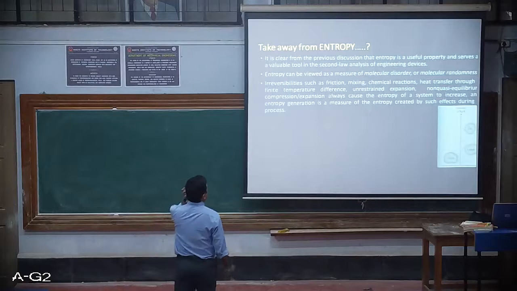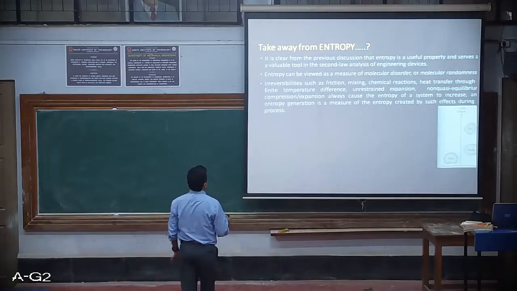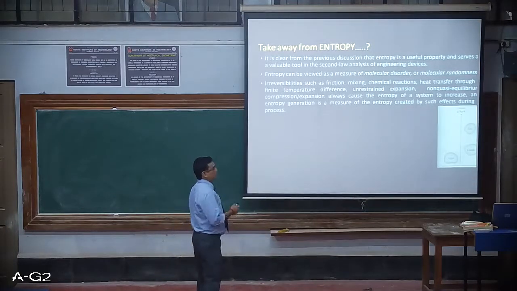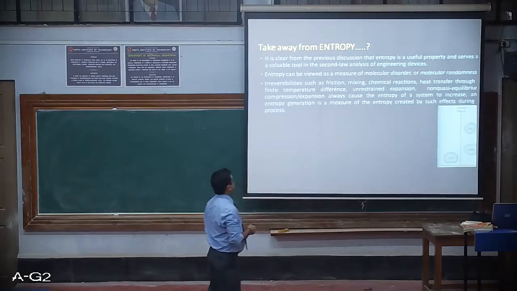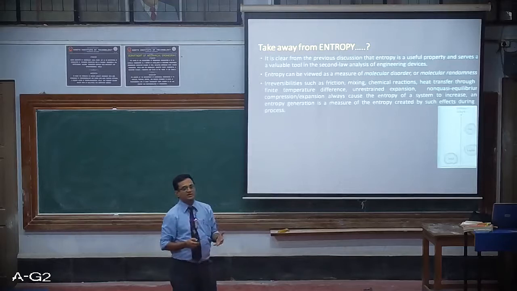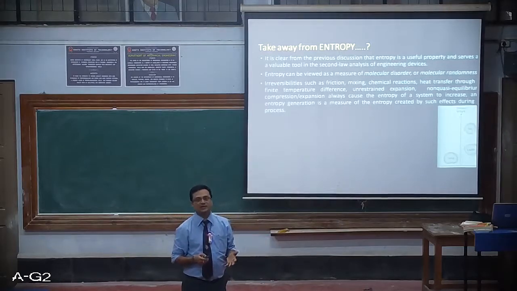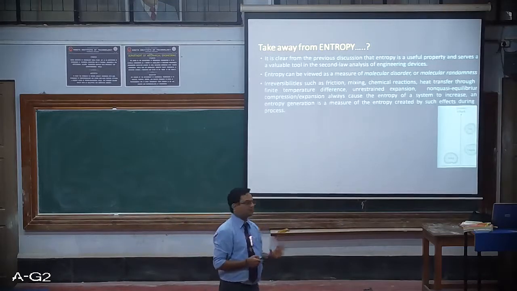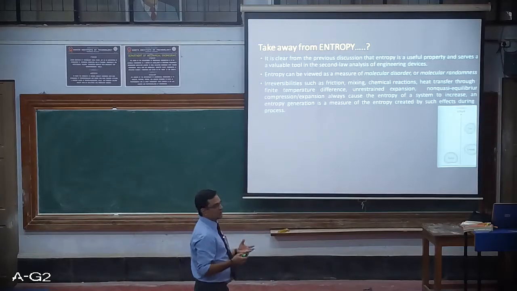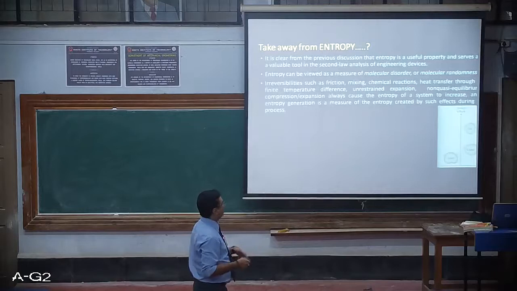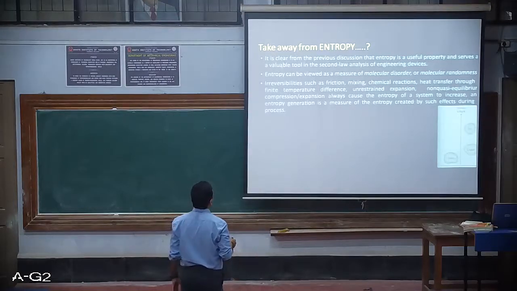Now the reason for all this is irreversibilities, which are already discussed. What are those irreversibilities? To list a few: friction, for example. Wherever there is friction, there is an irreversibility, there is a generation of entropy. Similarly, mixing: when two fluids mix with each other, that leads to generation of entropy.